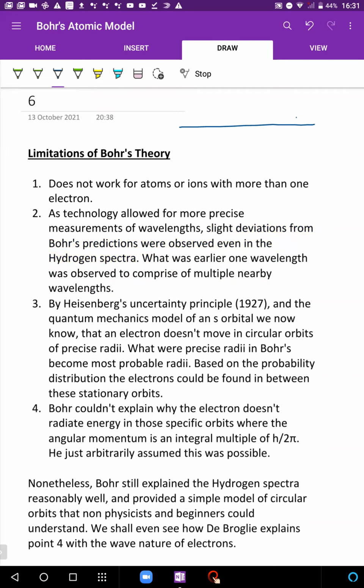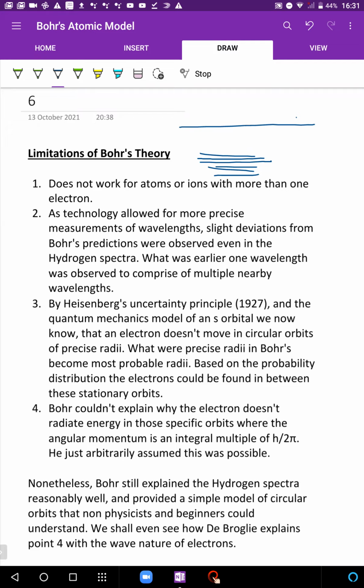Okay. On closer examination now with our modern technology, people realize that that's not one line, but there are around seven different lines very, very close to each other. The minute you take that into account, then Bohr's theory falls apart, because there's no way Bohr's theory nicely explains why there could be one line for a particular jump.